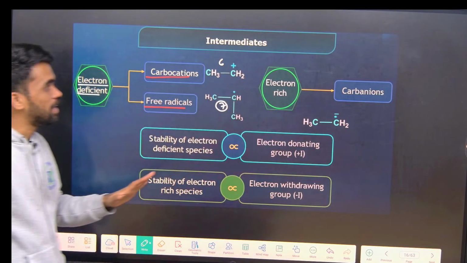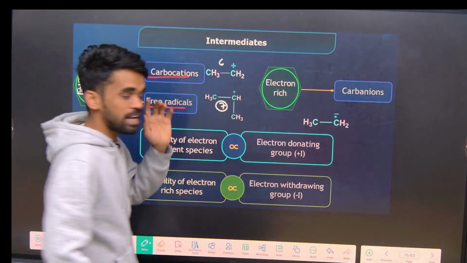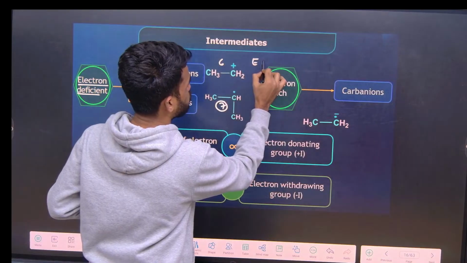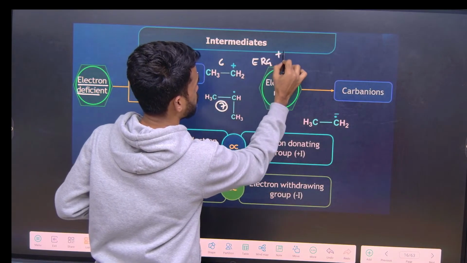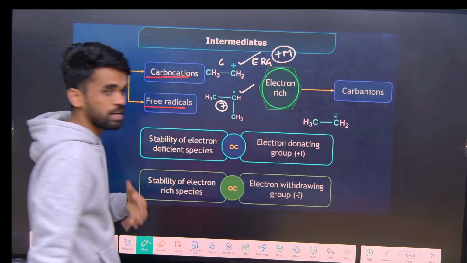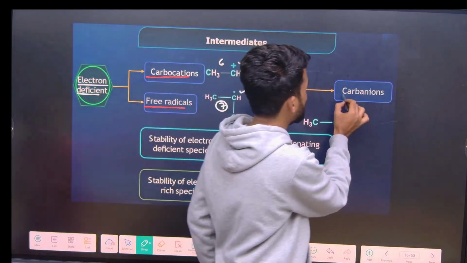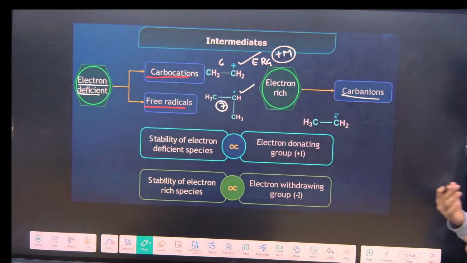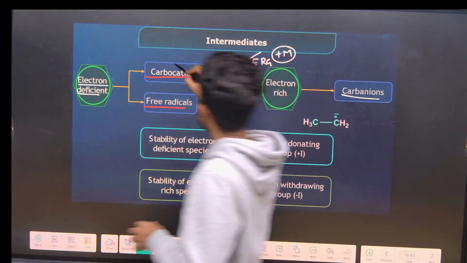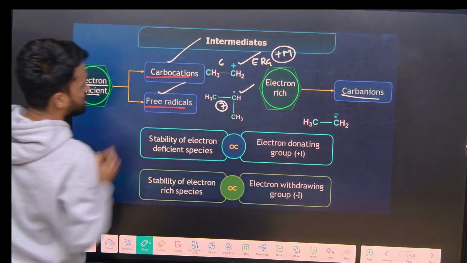So if these are electron deficient, and any electron releasing group or plus M group is attached, then the stability of carbocations and free radicals will be enhanced. Whereas if electron withdrawing groups are present, then stability of carbocations and free radicals will be decreased.